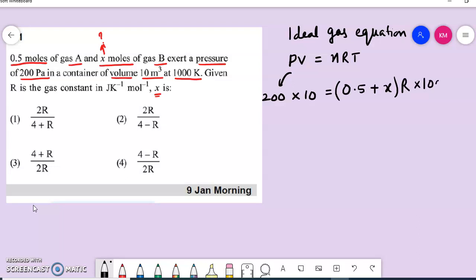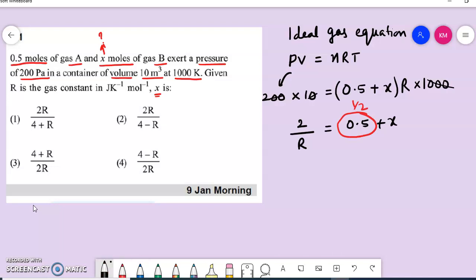So temperature is 1000 Kelvin, right? And these three zeros will be cancelled. And now what do we have? 2. Send the R to this side. 2 by R equals 0.5 plus X. This 0.5 I can write as 1 by 2.